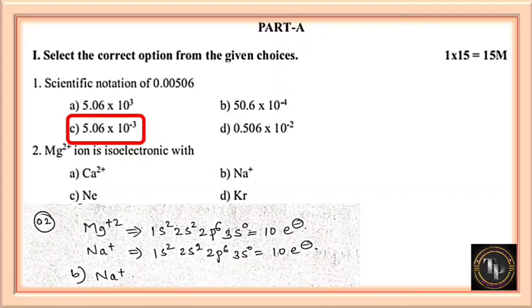That means a total of 10 electrons are present. See sodium, atomic number is 11, and Na+ means it has already lost 1 electron, so the remaining is 10 electrons. That means Mg2+ ion has 10 electrons, and Na+ ion also has 10 electrons. Therefore Mg2+ ion is isoelectronic with Na+. I hope you followed the explanation.